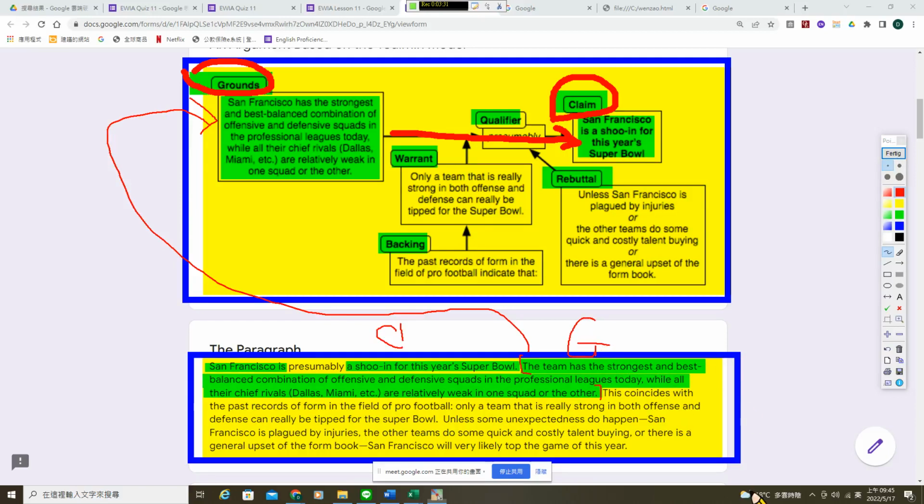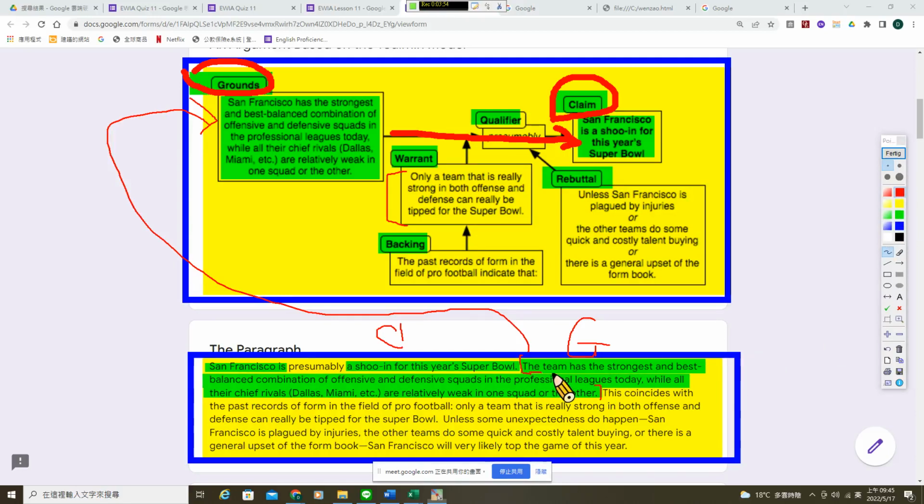Is that right? So the next component of your writing should be to provide the warrant. So you see here is the warrant. Only a team that is really strong in both offense and defense can really be tipped on the Super Bowl. So here you see the writing.